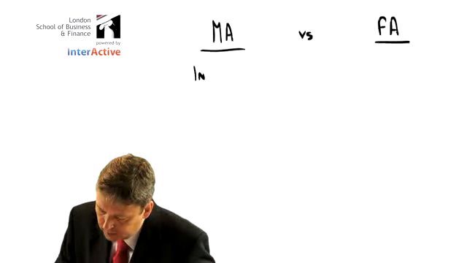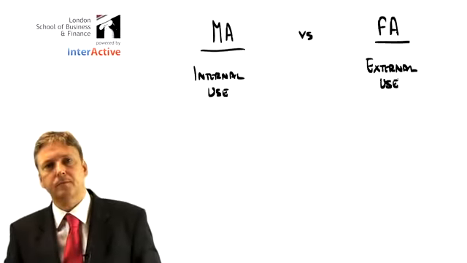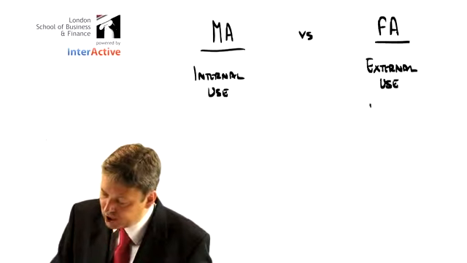So maybe that's the first idea we can get down. Internal use for management accounts, external use for financial accounts. When we looked at financial accounts, we said that there was a statutory requirement.